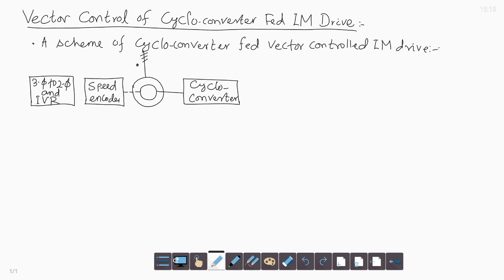So, we have the stator voltage Vs feedback, and from the stator voltage feedback we do 3-phase to 2-phase conversion, inverse vector rotation, and we get the angle theta e, and from the speed encoder we get the rotor angle theta r, and we generate the slip angle theta SL, that is theta e minus theta r, and also from the speed encoder we get the speed omega r for speed control.